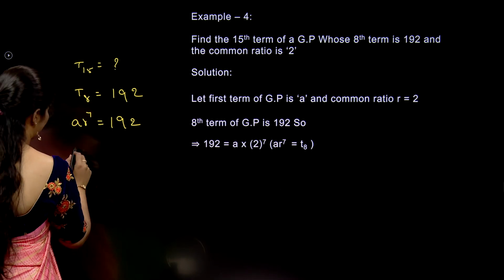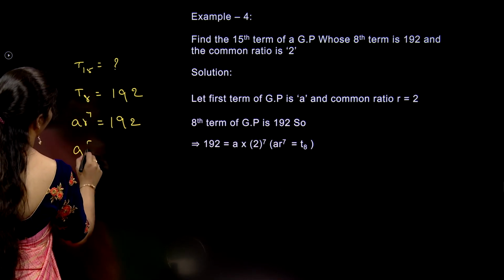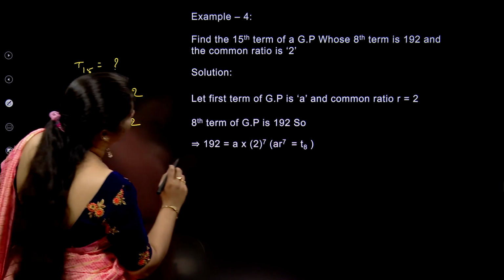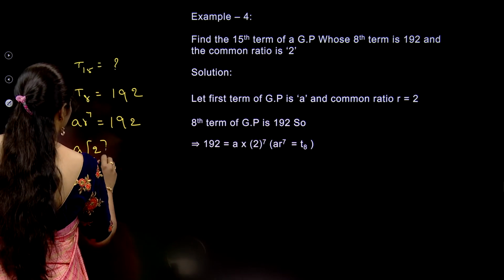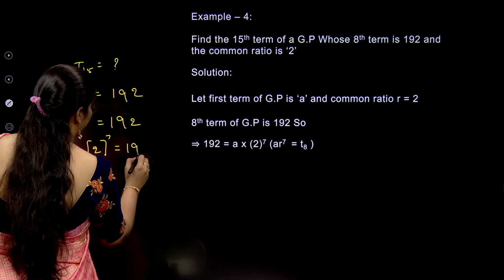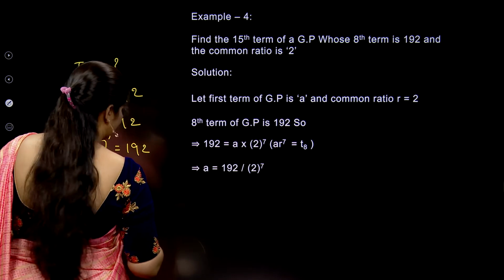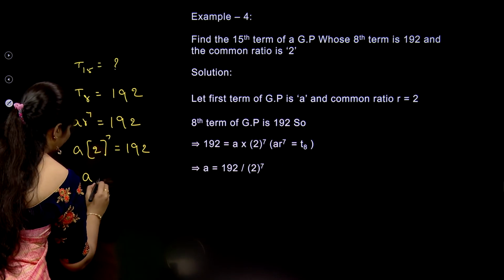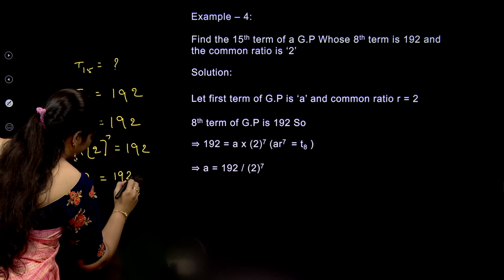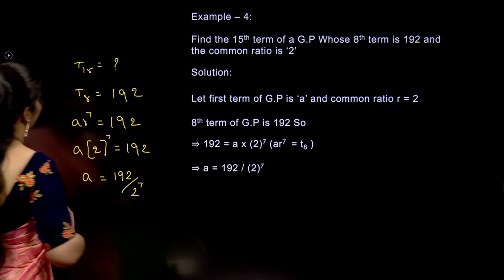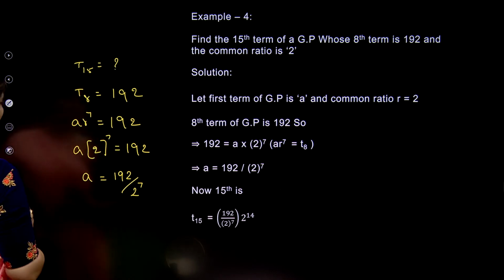Then substitute the common ratio: a into 2 power 7 equal to 192. Then a equal to 192 by 2 power 7. But we need to find out the T15 value.